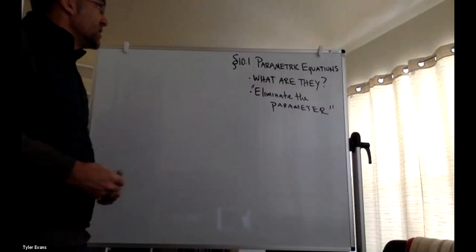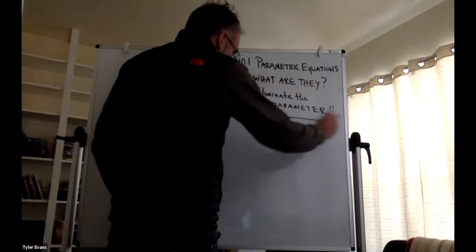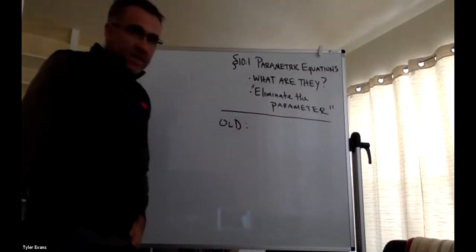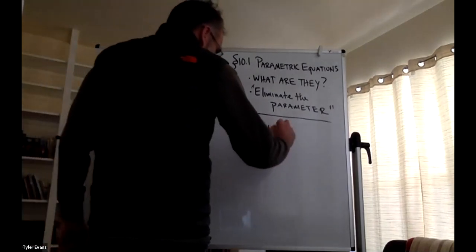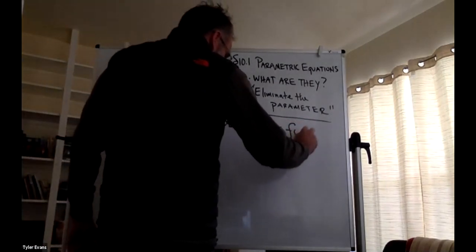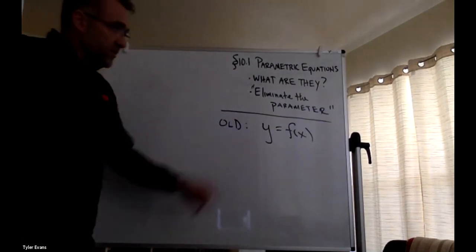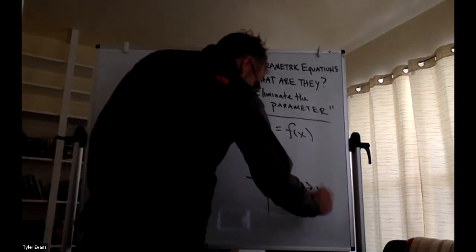But what are parametric equations? You're sort of used to thinking about curves in the XY plane. The old idea: the Y variable was given explicitly as a function of the X variable. So when you drew pictures in the plane, we had two axes.